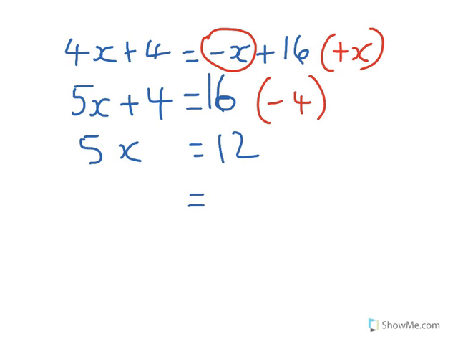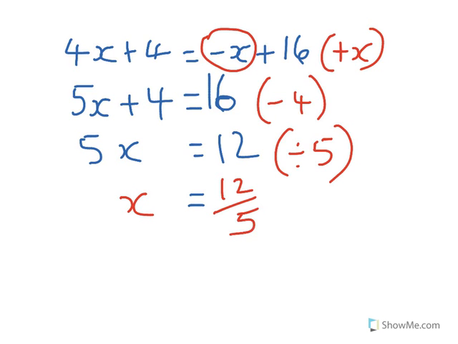So what we're going to do now, we're going to divide by 5 on both sides. So x equals, well, 12 divided by 5. It's top heavy at the moment, so it would go to 2. 5 into 12 goes 2, with 2 left over, 2 and 2/5.